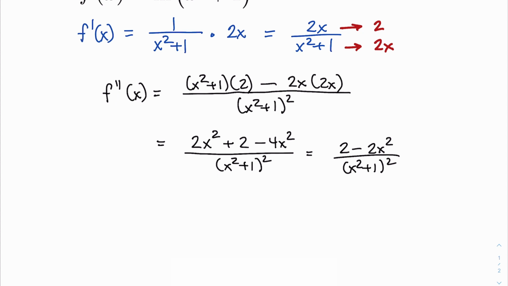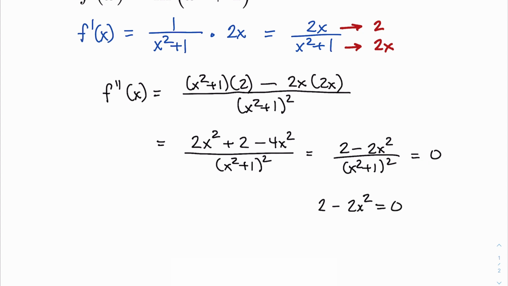So we're just going to set this equal to 0, and there's two ways to look at this. If you have a fraction that's equal to 0, the only way for a fraction to be equal to 0 is if its numerator is 0, or we could just go back to basics and multiply both sides by the denominator, which is x squared plus 1, the quantity squared. Either way, we end up with the equation 2 minus 2x squared equals 0.